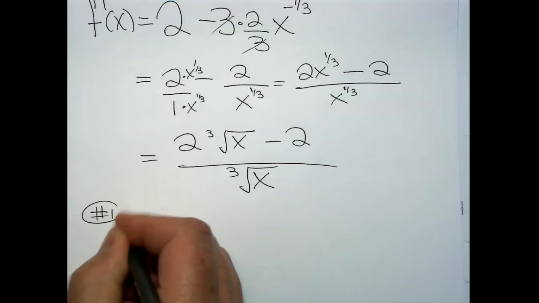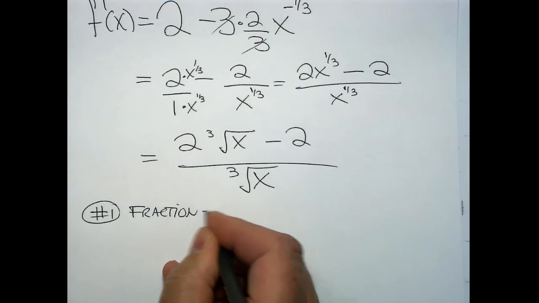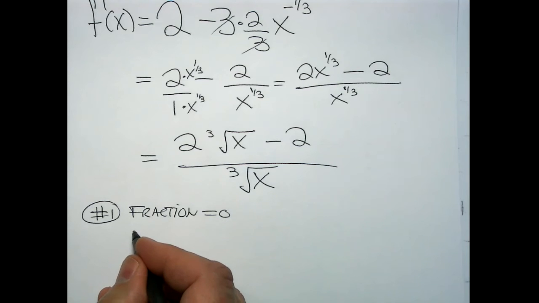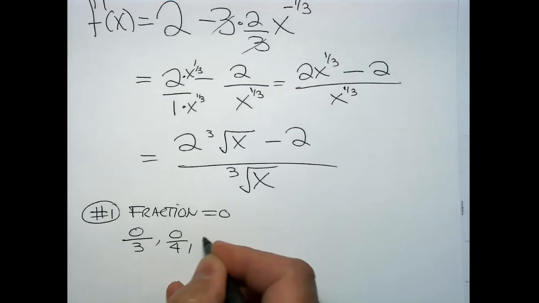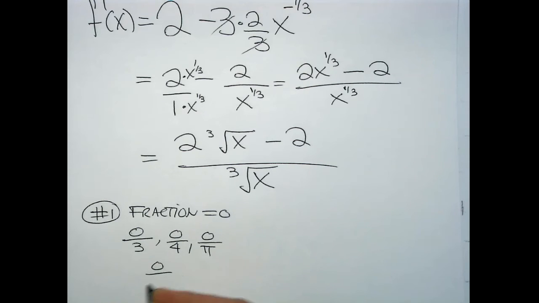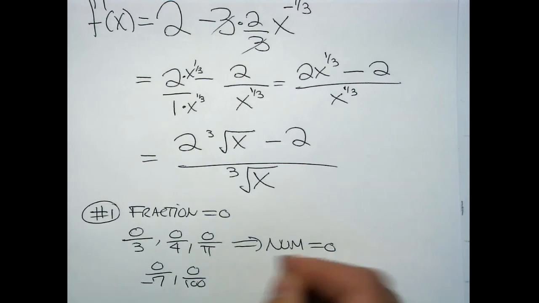We can use it as it's written right now because we're going to do two things. Number one, we're going to set this fraction equal to 0. What fractions are worth 0? All of these. So to set a fraction to 0, all you really have to do is set the numerator to 0, right?